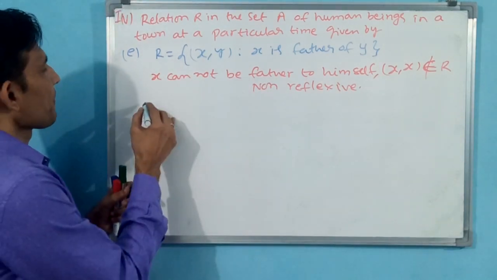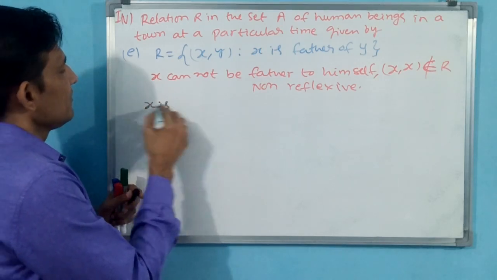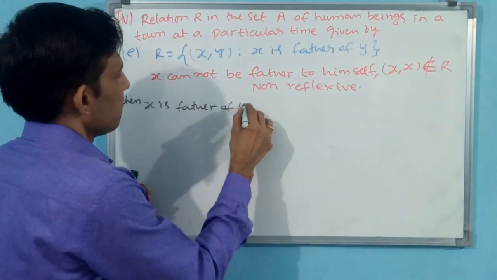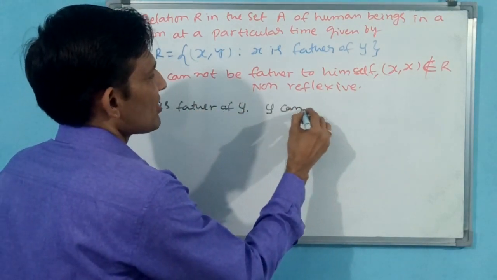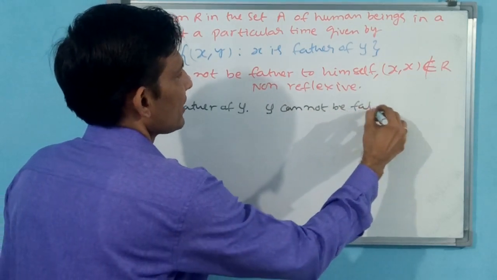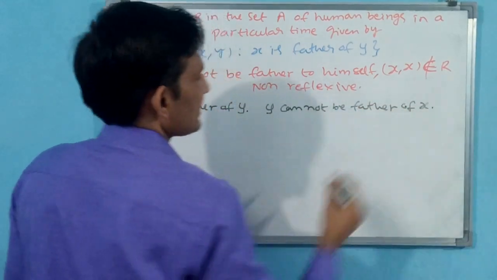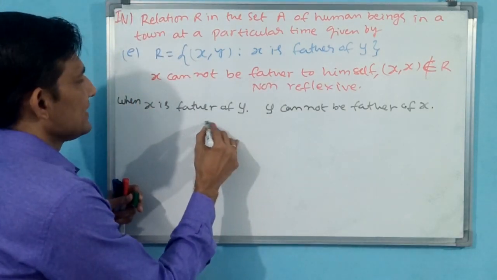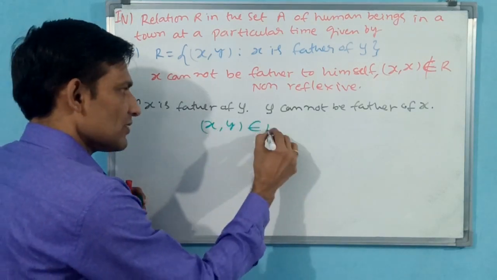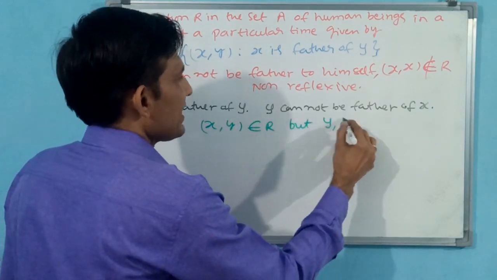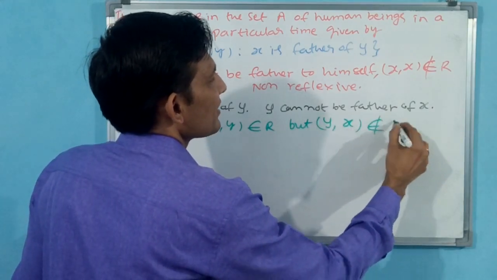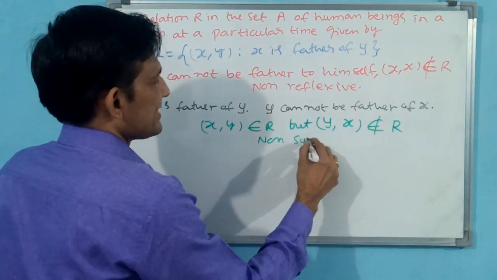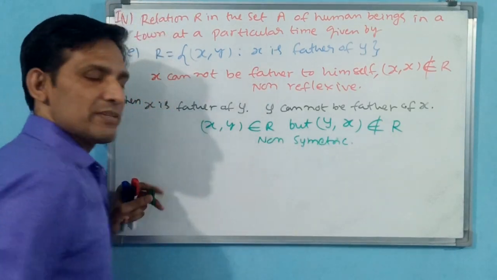Symmetric. Okay. When X is father of Y, Y cannot be father of X. Okay, Y cannot be father of X. Then you write like this: (X, Y) belongs to R, but (Y, X) does not belong to R. Okay, non-symmetric relation.